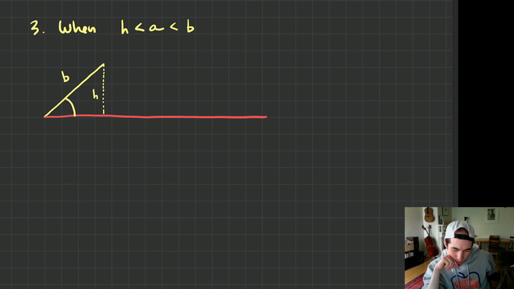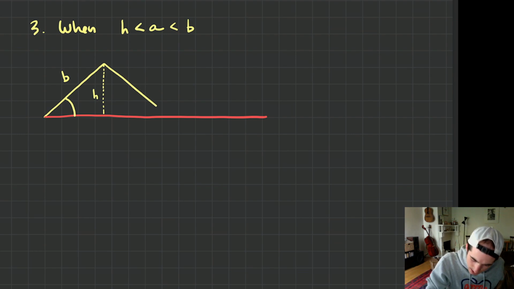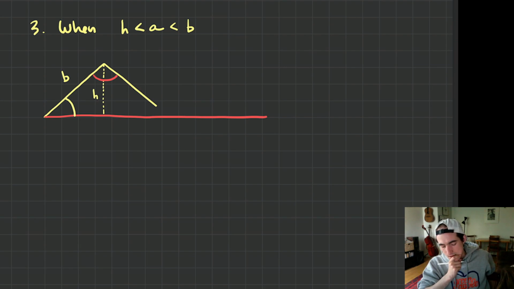A is going to be longer than H, but shorter than B. So I'm just going to sort of draw it out here. And here's the thing, I don't know what this angle is. So I don't know that angle. How do I manage this?